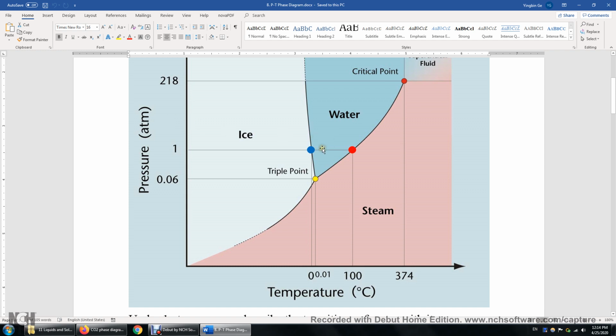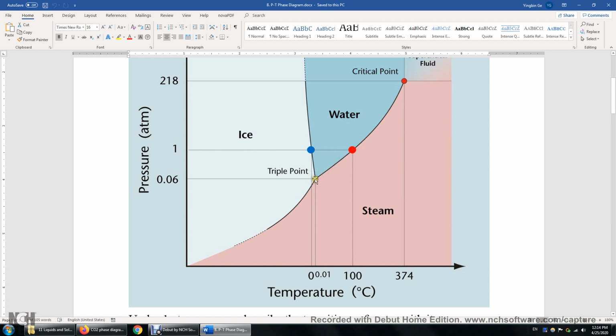So first, let's look at 1, 2, 3. These 3 data points. This data point, the blue one, tells you the melting point of water is 0 degrees Celsius under 1 ATM pressure. This red data point tells you the boiling point of water is 100 degrees Celsius under 1 ATM pressure.